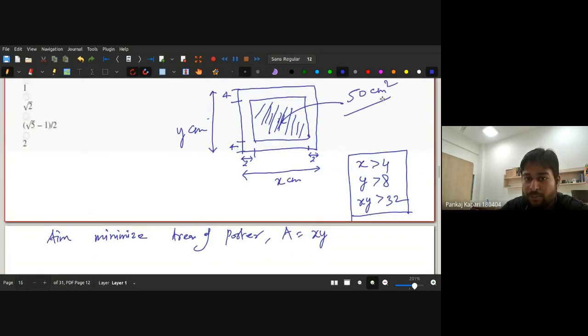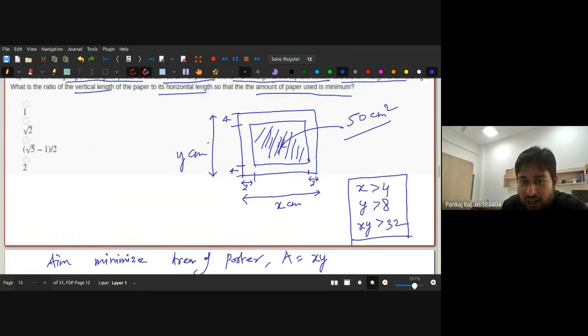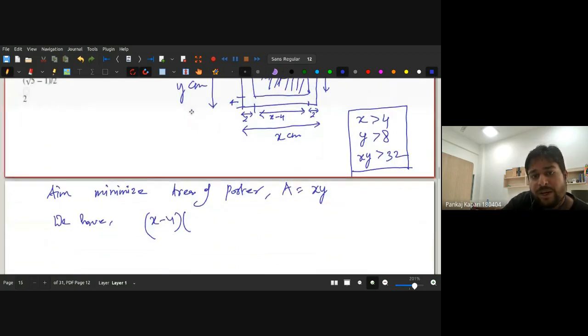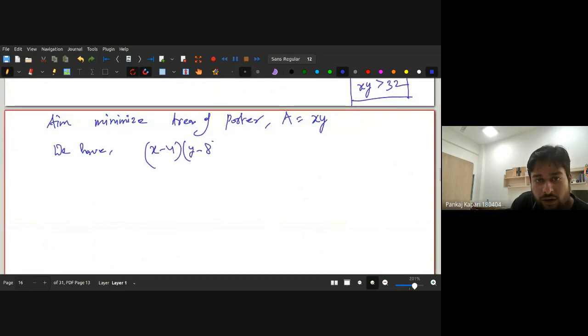So how do we find the printing area? The printing area is this length times this length, right? And these lengths are x minus 4 and y minus 8. Because we want the printing area to be 50, that gives us (x minus 4) times (y minus 8) must be equal to 50.